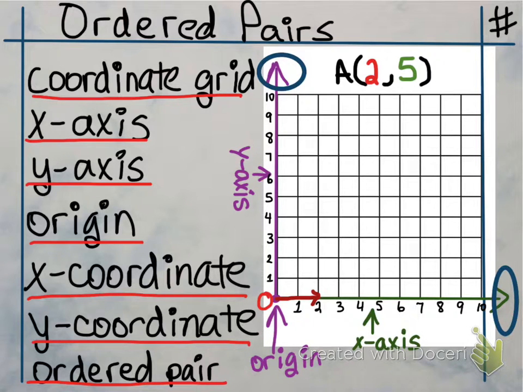We're going to move up or down along the y-axis to find the y value. So in this instance, our y value is 5. So from where we stopped on the x-axis, we're going to move up along the y-axis until we get to 5. And at that point is where we would put our point A.